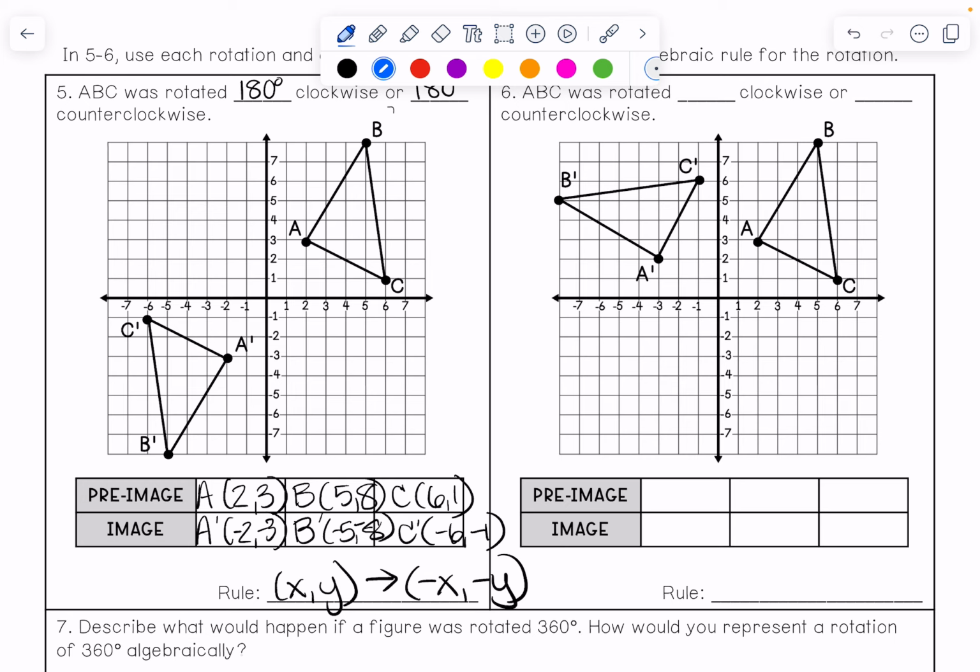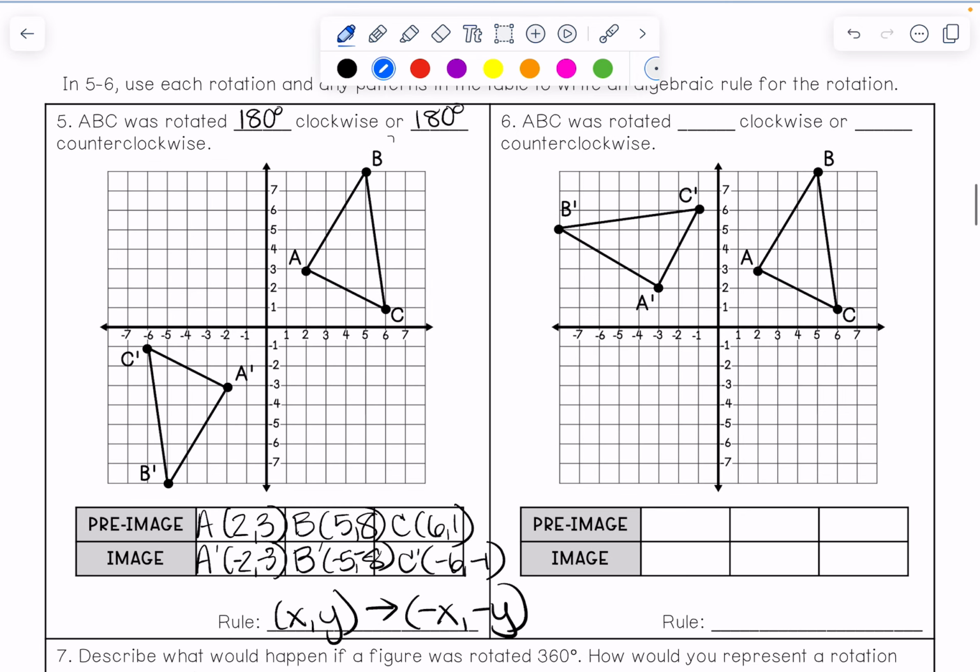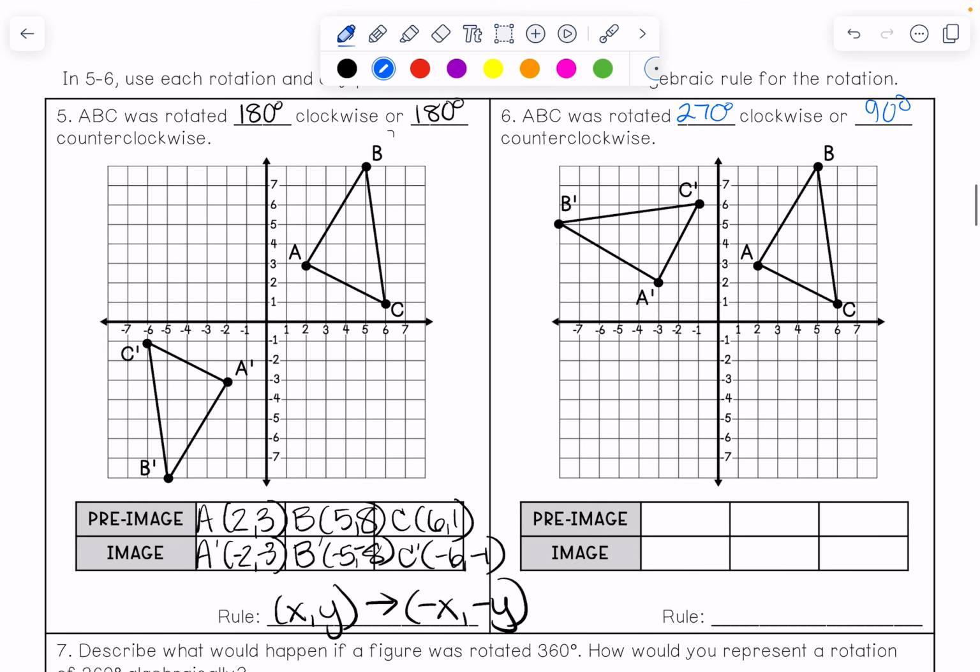And we have another example here. We have triangle ABC, so we're starting with that same triangle. If I move it clockwise, it moved 3 quadrants, so this is a 270 degree clockwise rotation or a 90 degree counterclockwise rotation. And our pre-image points are the same points that we've started with the past couple of examples.